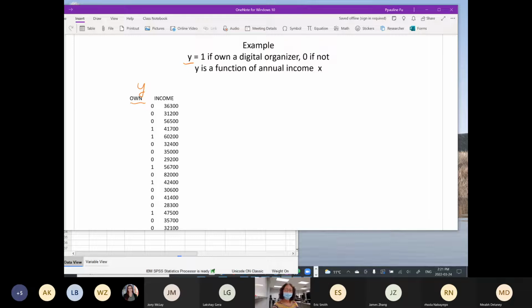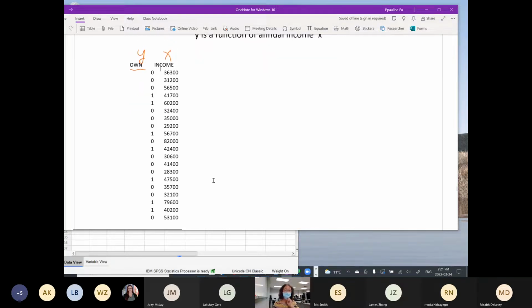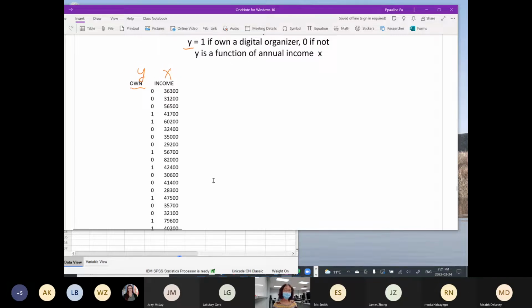And then we want to relate y to x. X is person income. So what we are going to do here, we want to create a logistic model between y and x, and then use this model to predict, if I give you a person's income, can you make a prediction? Does this person own a digital organizer or not?